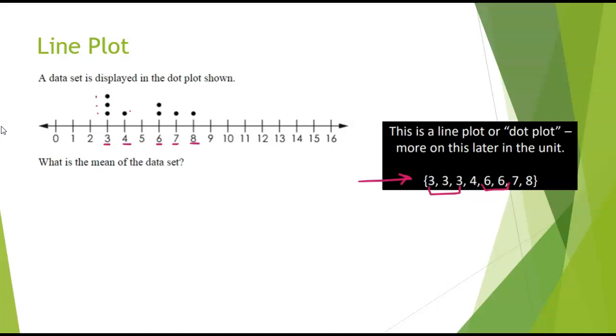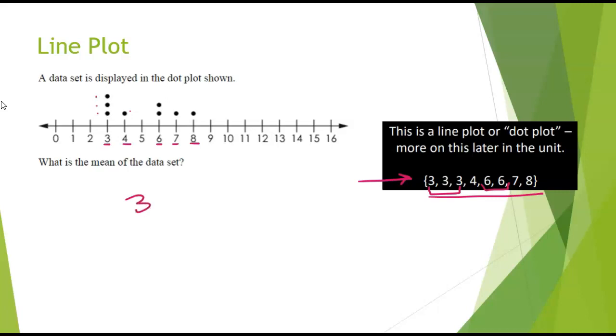Now that makes more sense. I mean, you can look at your data and go, oh, 3 was the most numbers that we had. But when you look at this and see, well, what's the mean? I can't really tell what the average is. So I have to write my data out in a data set like this and add it all together.